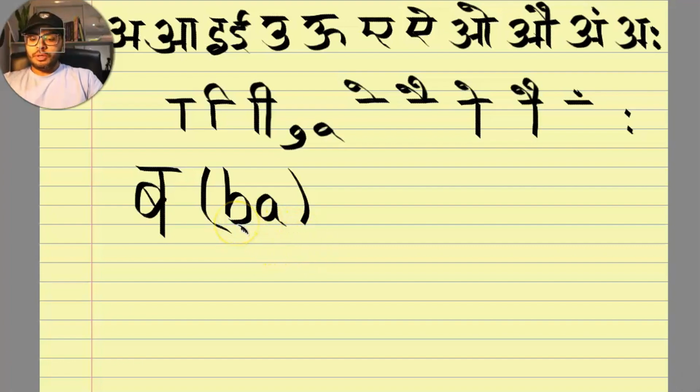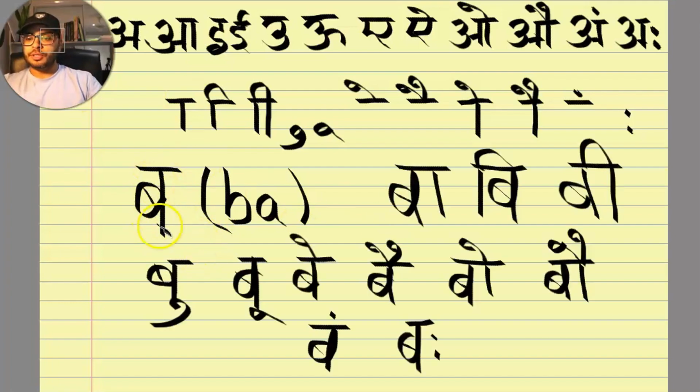The English equivalent of this sound would be something like baby, the ba sound there. And a Nepali word that uses this sound is something like banda. Banda means closed. Barakhari for the sound ba would be ba, ba, bi, bi, bu, bu, be, bai, bo, bau, bum, ba.